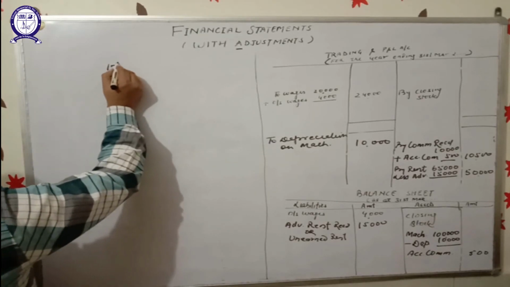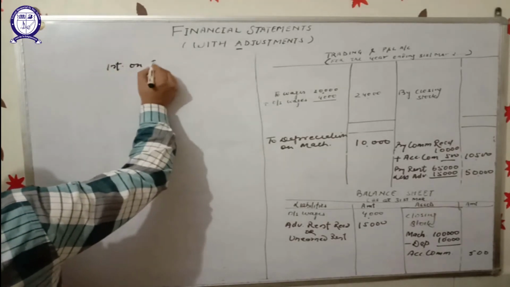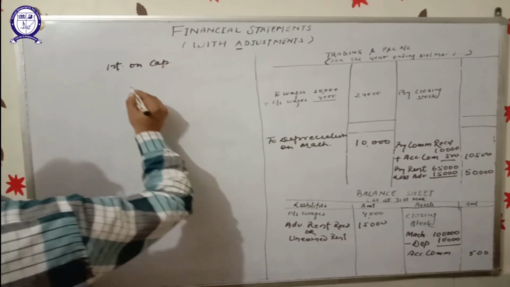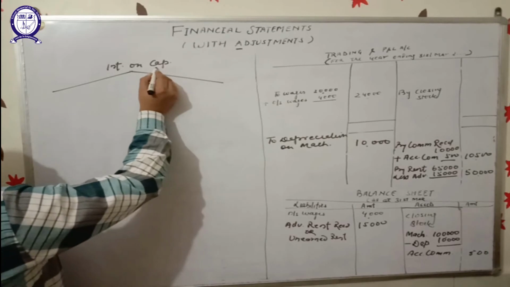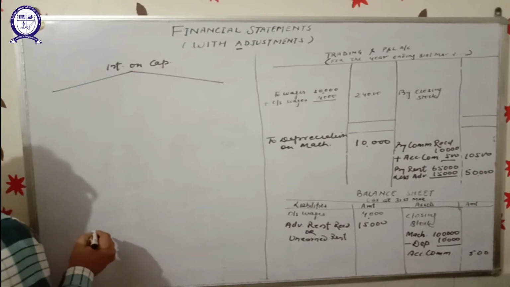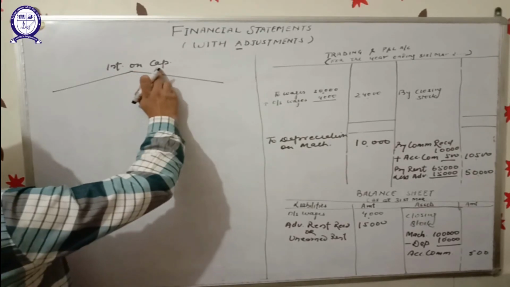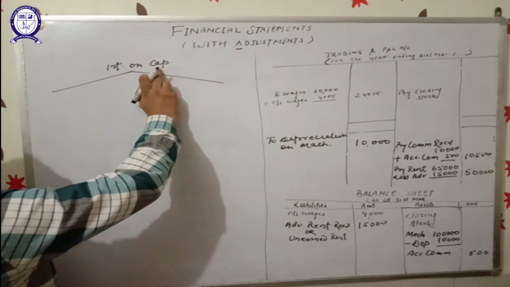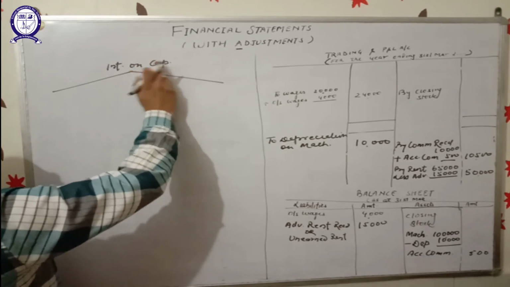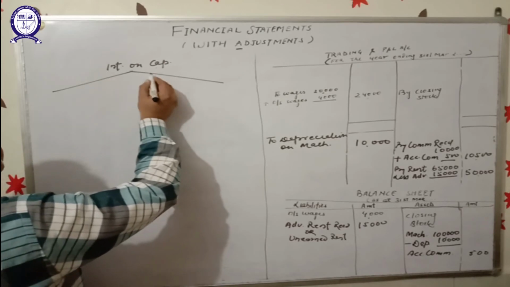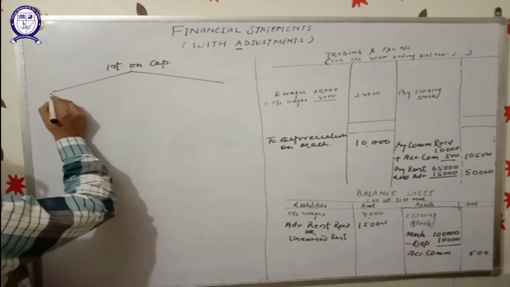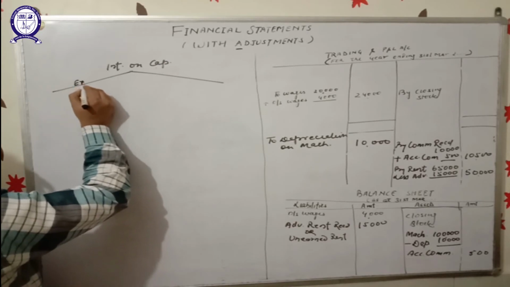Next adjustment, interest on capital. You know, capital is an internal liability for the business. Owner has provided us fund, that is known as capital. So it is a liability for the business, and business has to provide some interest on capital to the owner. So this interest is an expense for the business.